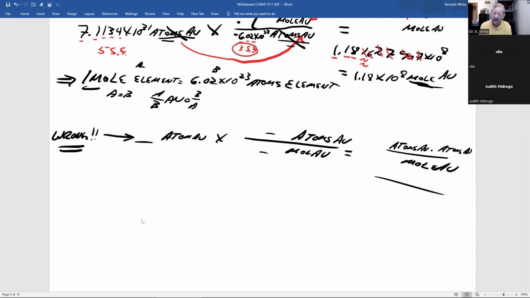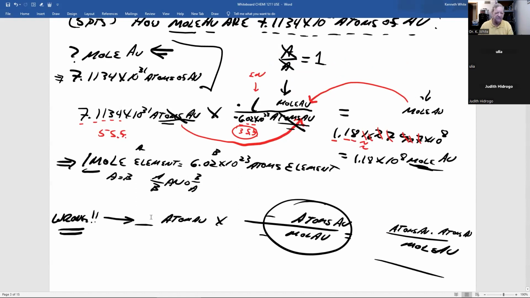You want your answer to have the units atoms of AU times atoms of AU per moles of AU? No, you want moles of AU. So if you did it backwards here, upside down, whoop, you can say, I made a mistake. I better go back and do something different.